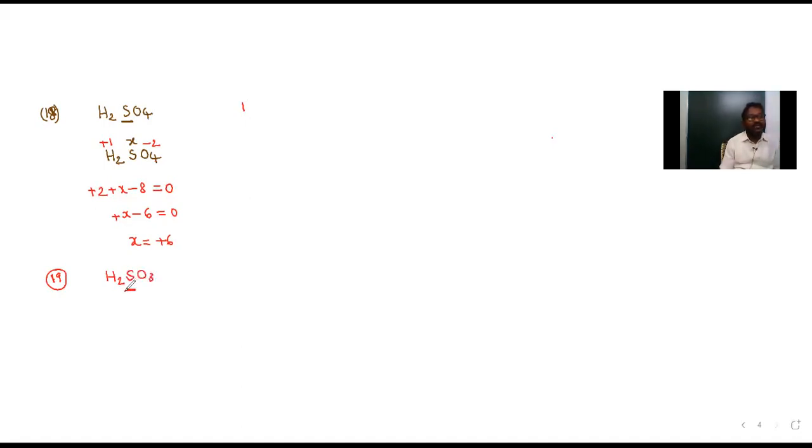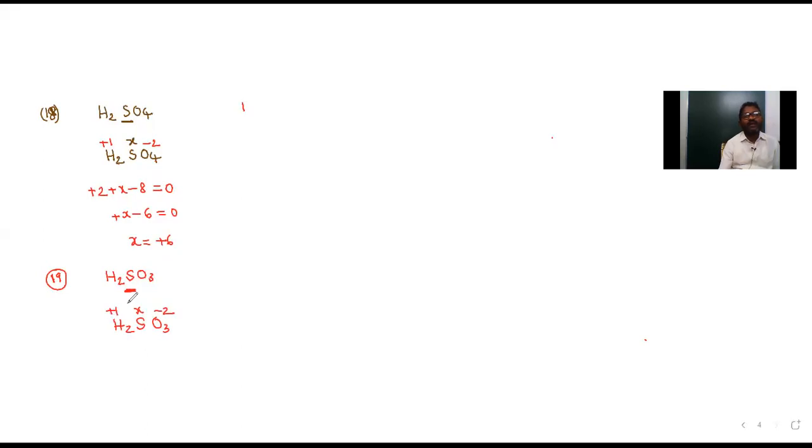In H2SO3, I want the oxidation state for sulfur. Let the oxidation state of sulfur be X. Oxygen is -2, hydrogen is +1.